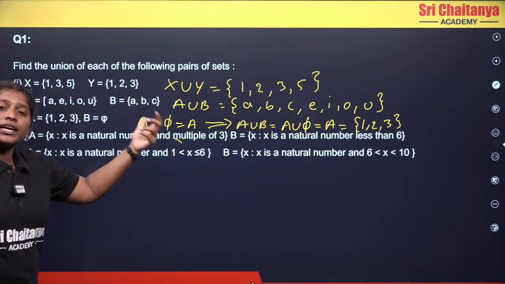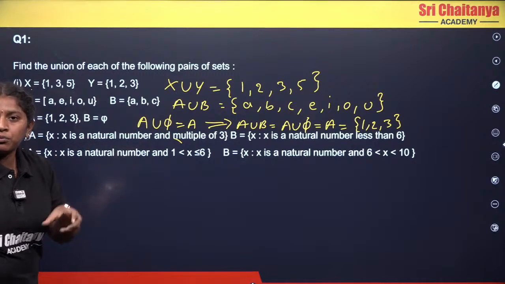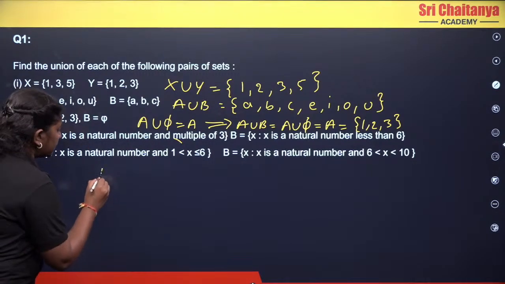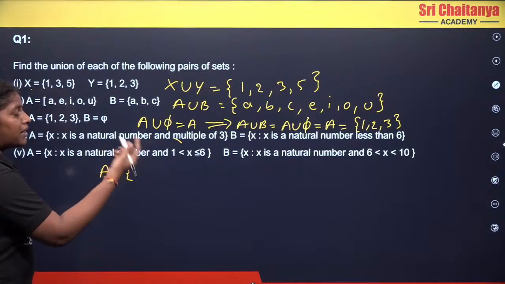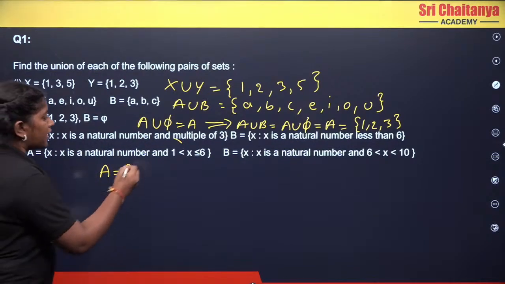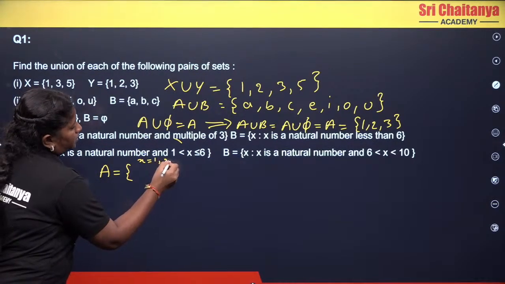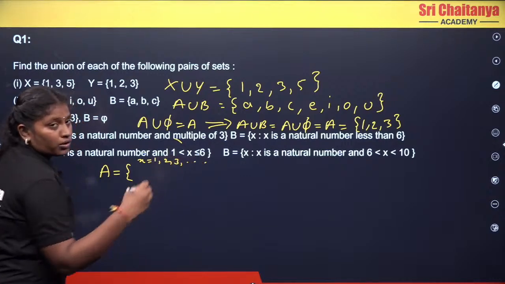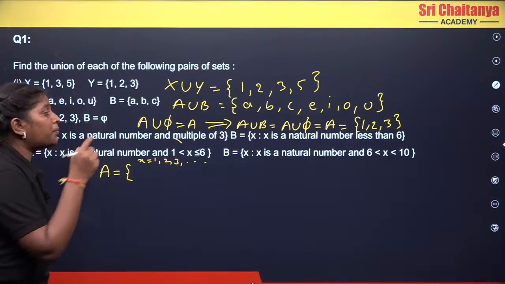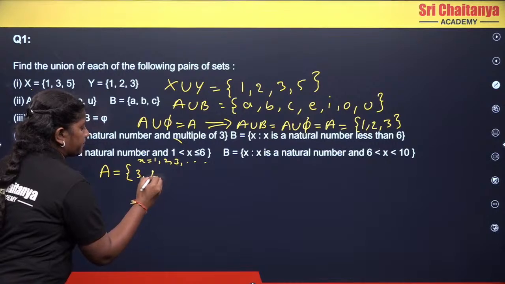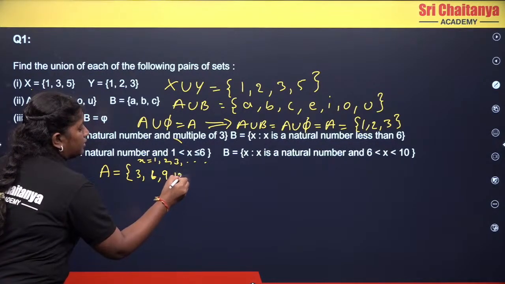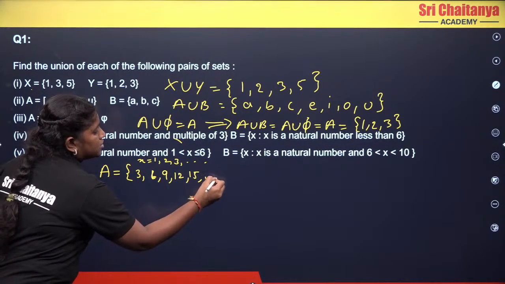So we can convert that set builder form into roster form, where A is the set of x such that x is a natural number and a multiple of 3. Our x values can be 1, 2, 3 and so on, but those values should be multiples of 3. The multiples of 3 will be 3, 6, 9, 12, 15 and so on.